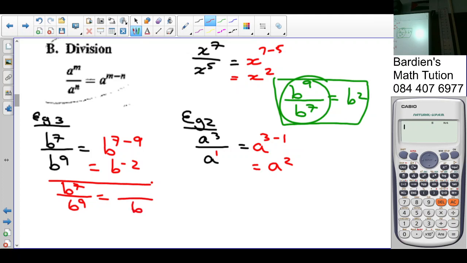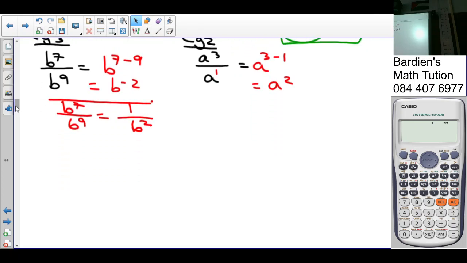The bottom. So it's going to be 1 over b squared. Another way we could have done the same thing, and we'll speak about this when we do the negative exponent. Okay? We will come back to this concept. Okay, you guys understand? So this is part B.